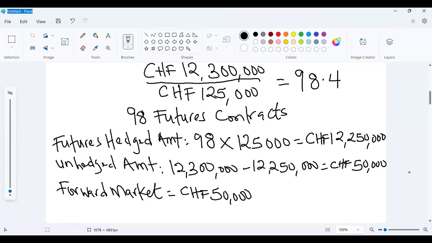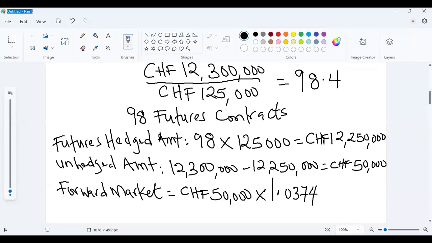Remember the forward rate. The 6 month forward rate will be computed. If you remember, the 6 month forward rate we computed, we got 1.0374. That means we are going to convert this 50,000 CHF using the forward rate, that is, it is hedged under forward.